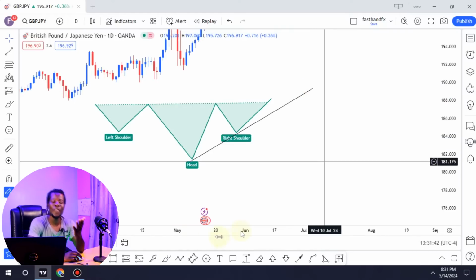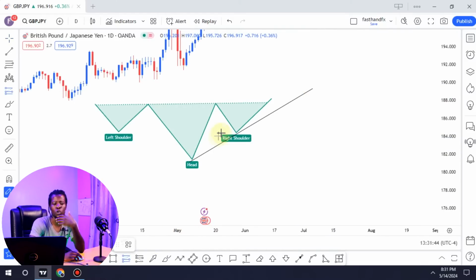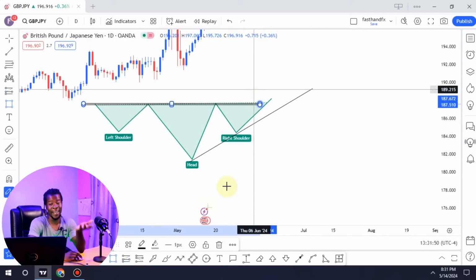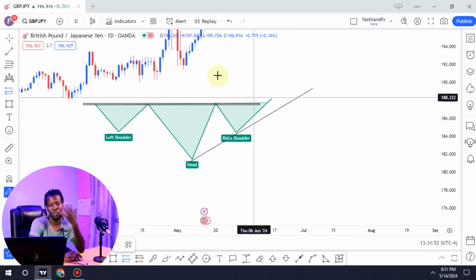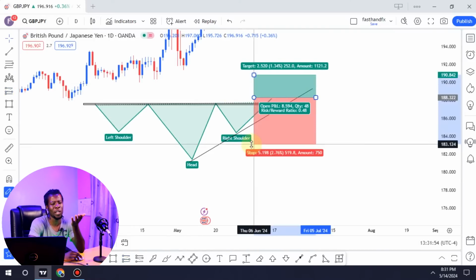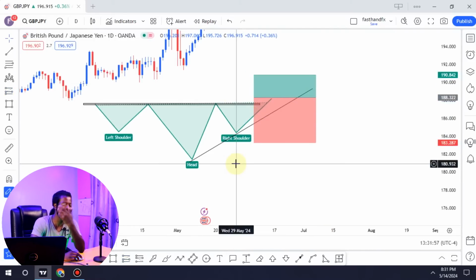Now, based on the articles that say you should take your entry when price breaks out of the neckline, let's go with that. Let's say we took that entry. That means our stop loss has to be all the way to the bottom, which is crazy.